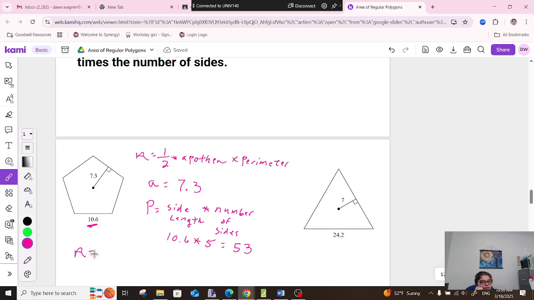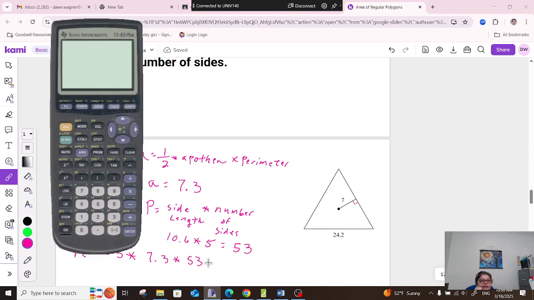Area equals, I don't want to use a half on my calculator. What could I use instead of a half? What decimal? 0.5. I could do 0.5 times, what was the apothem again? 7.3 times perimeter. What was perimeter? 53.